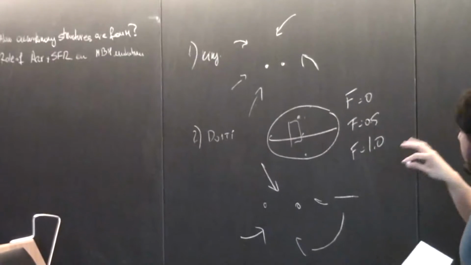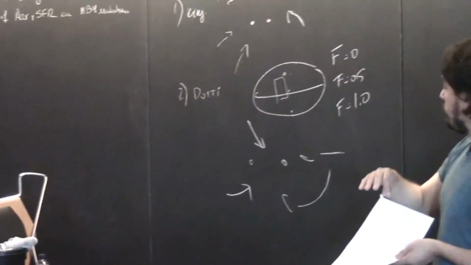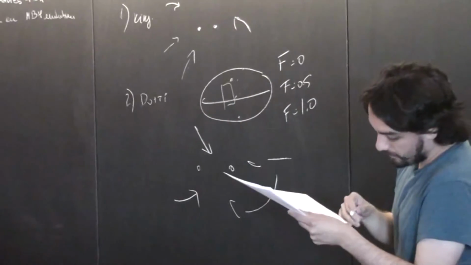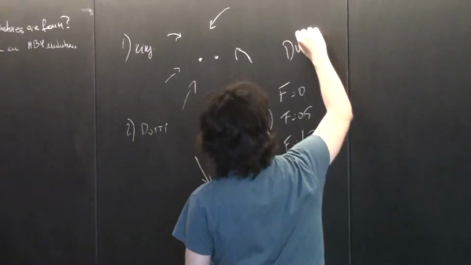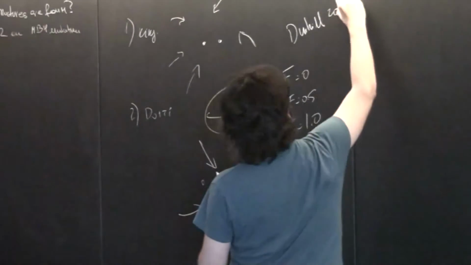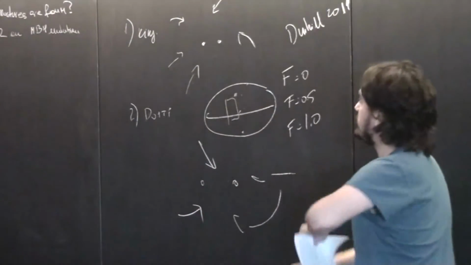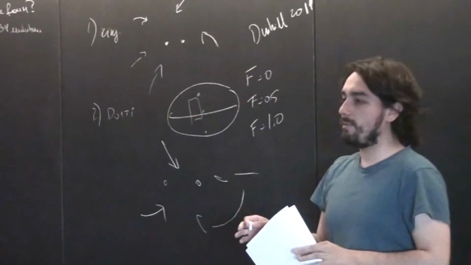Okay, so under this topic, besides the work that was presented yesterday, we also have some work by Danhill. I think it's 2014, that he was selecting two clouds with a huge impact parameter.